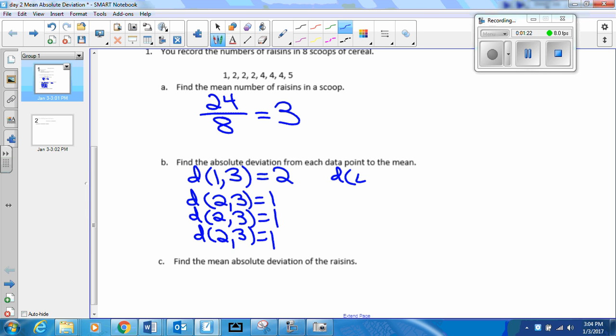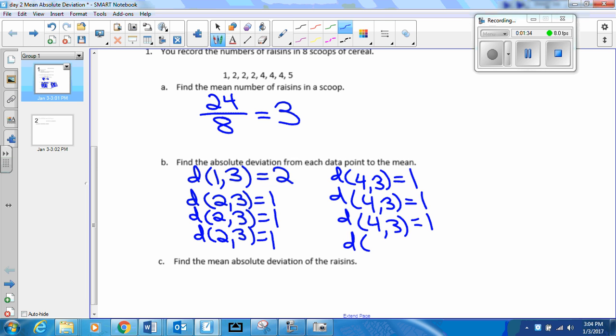The distance from 4 to 3 is 1, for each of the three 4s. And the final distance from 5 to 3 is 2. So those are all my absolute deviations.